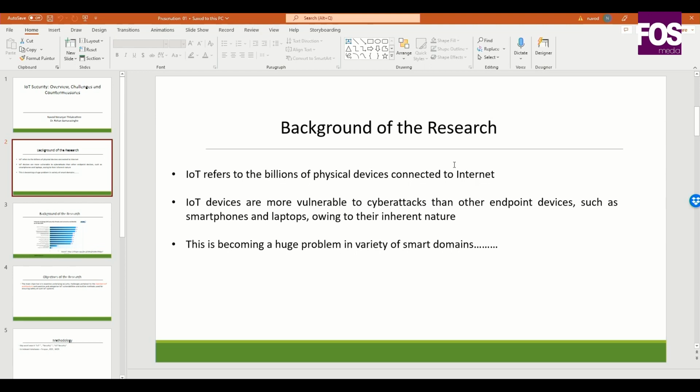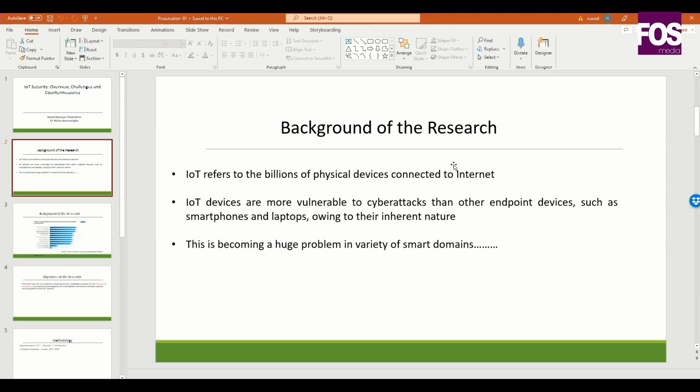These IoT devices are more vulnerable to cyber attacks than other endpoint devices, like smartphones and laptops, because they are always connected to the internet 24/7. Because of that, it is very easy for attackers to find the devices using simple methods and compromise them, eventually endangering critical infrastructure and the lives of people.